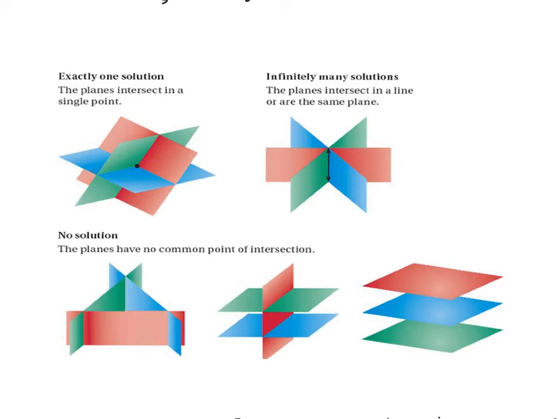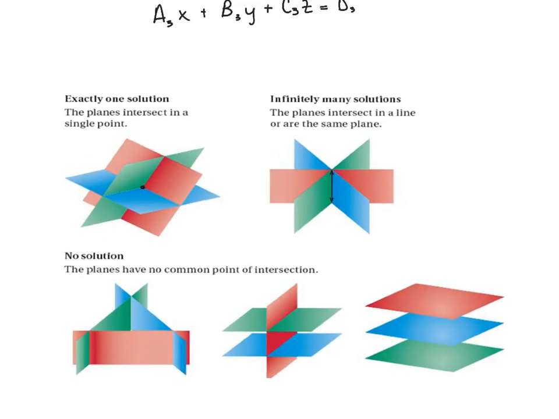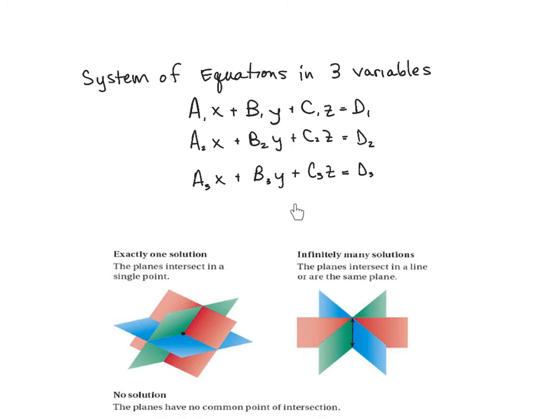And what we need to do in 5.2 really is just practice solving system of equations that look like this here. And we're going to primarily use the elimination method that was introduced in section 5.1.